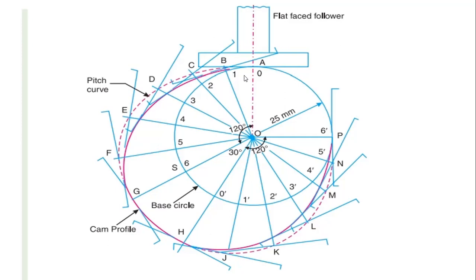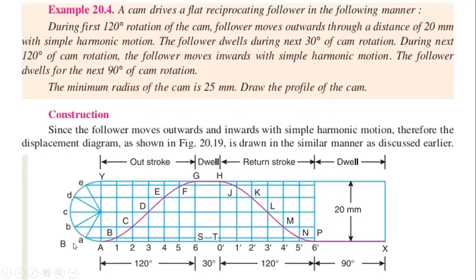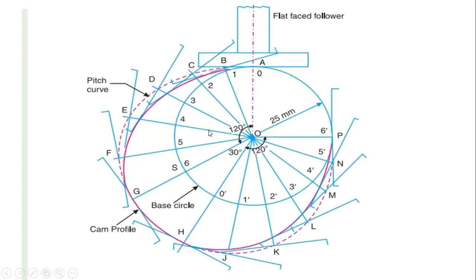Next, after dividing this section into 6 equal parts, extend these lines. From the points 1, 2, 3, 4, 5 and 6, extend these lines and take the length from the displacement diagram. Take the length 1 to B in the outstroke. So now we are taking the outstroke angle only.